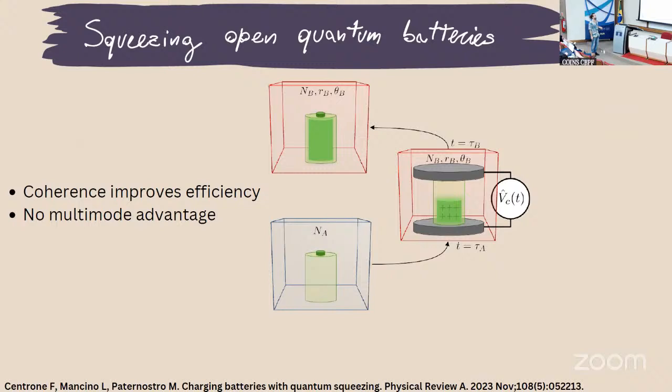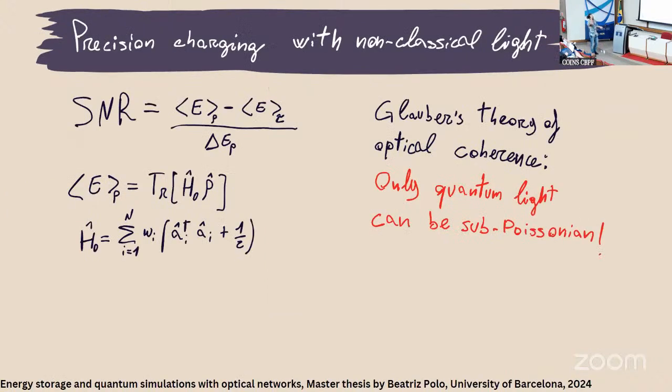And so what I want to propose is this. Of course, power is also interesting, and it's kind of complementary to precision. There are some works that show that you cannot optimize precision and power at the same time. So here we want to focus on the precision, in particular on the signal-to-noise ratio of charging a battery.